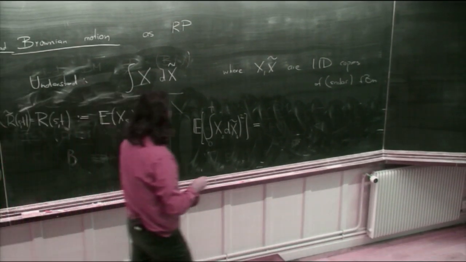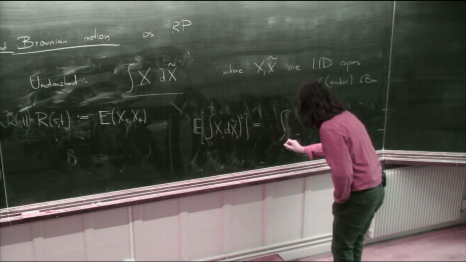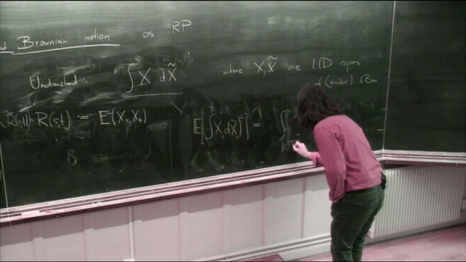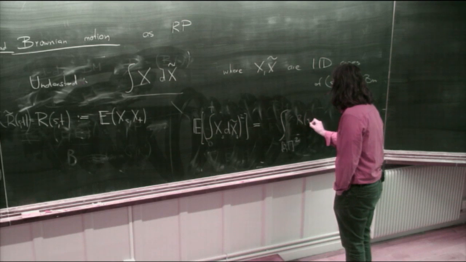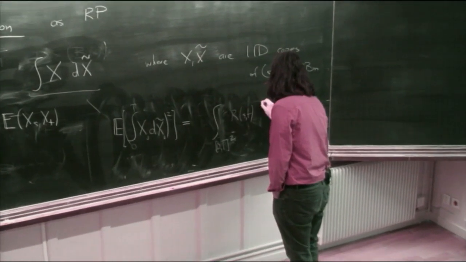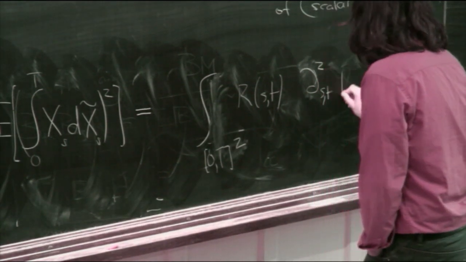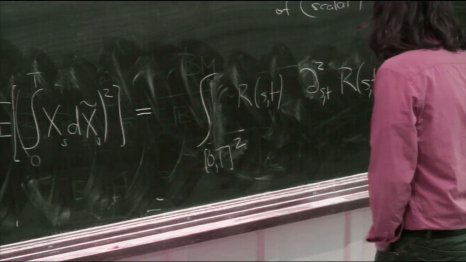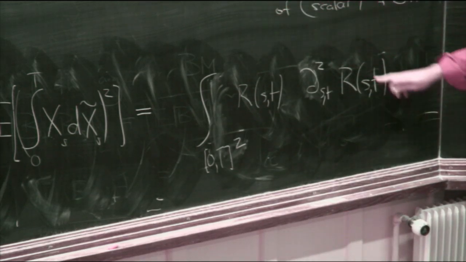Right? So this is actually nothing else than a double integral, or if you want the integral over the square, of rst, and then the mixed derivative of rst. So once more, if you drop the identically distributed property, then you do the same with an r tilde here.